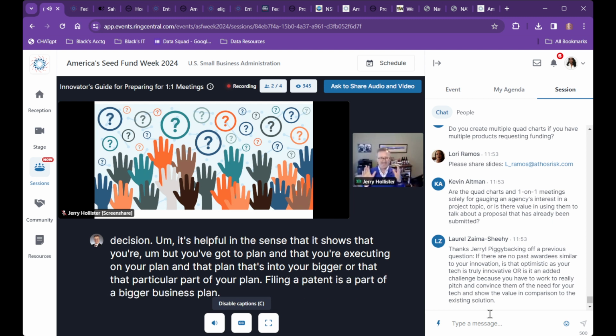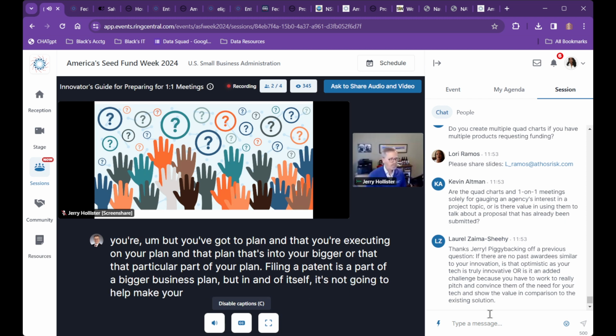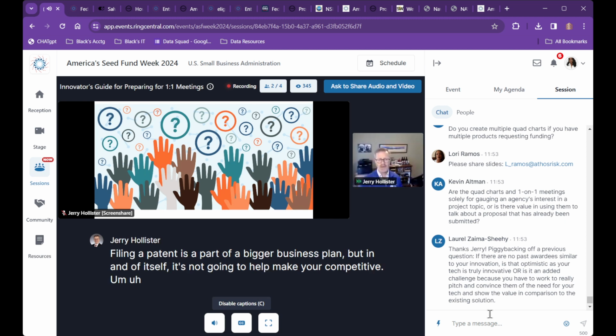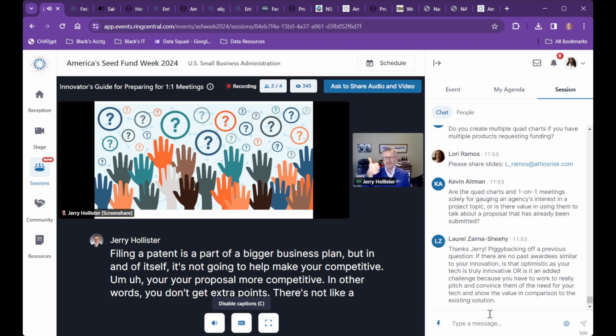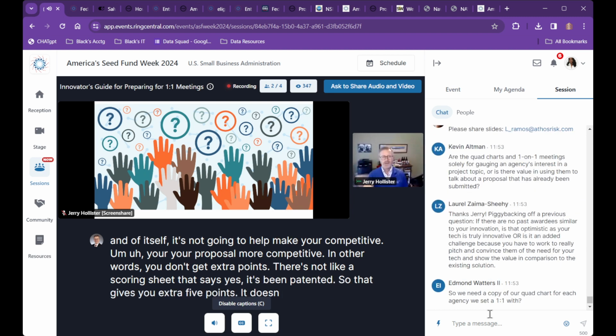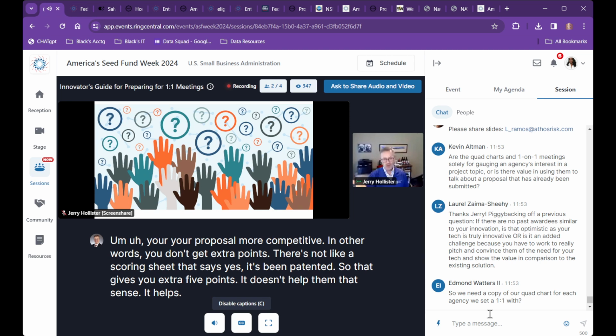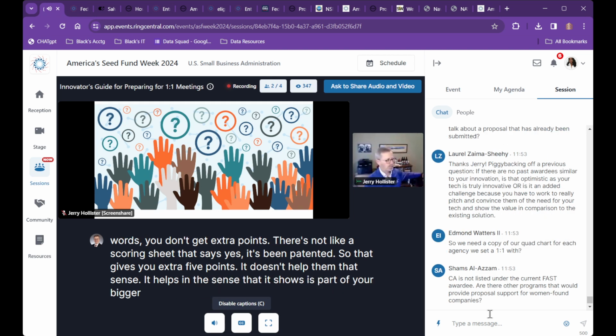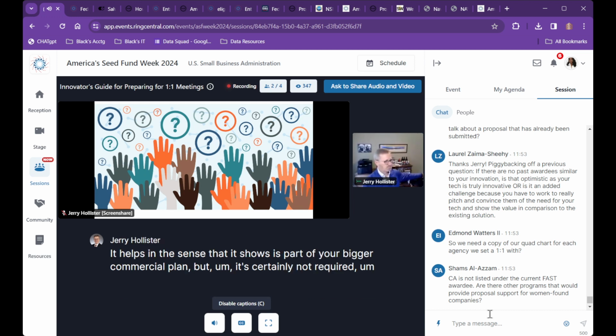But in and of itself, it's not going to make your proposal more competitive. In other words, you don't get extra points. There's not a scoring sheet that says, yes, it's been patented, so that gives you an extra 5 points. It helps in the sense that it shows it as part of your bigger commercial plan, but it's certainly not required. It might help a little, but it's not going to help significantly.